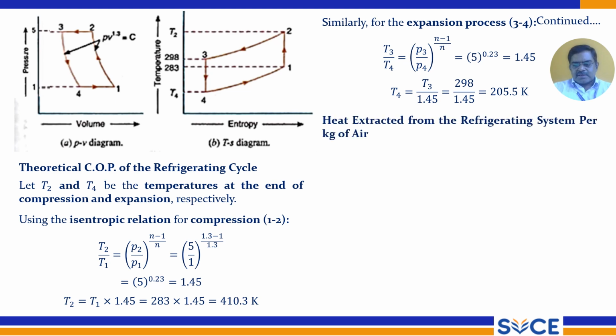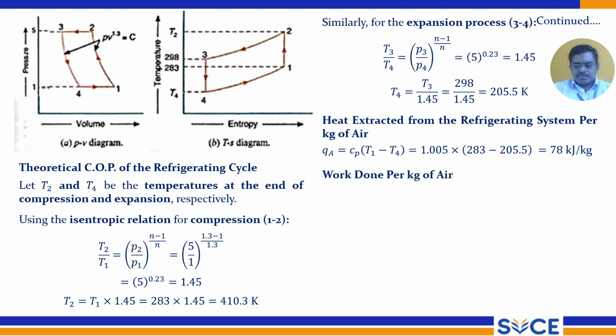And the heat extracted from the refrigerating system per kg of air is Cp into T1 minus T4, that is 1.005 into 283 minus 205.5, which is equal to 78 kilojoules per kg.